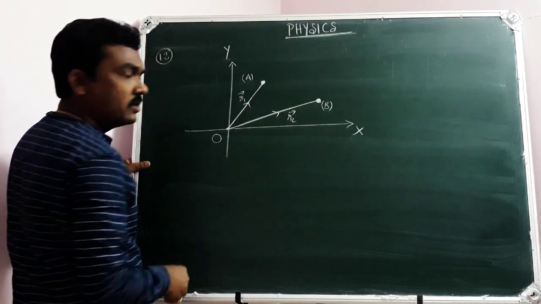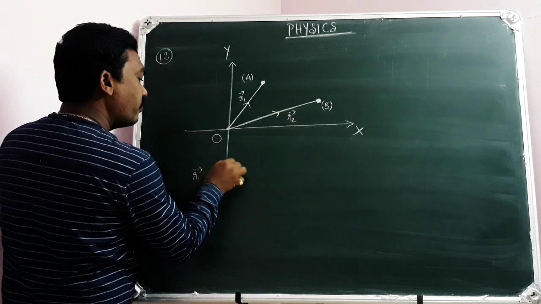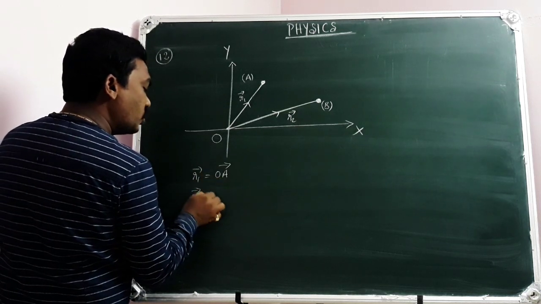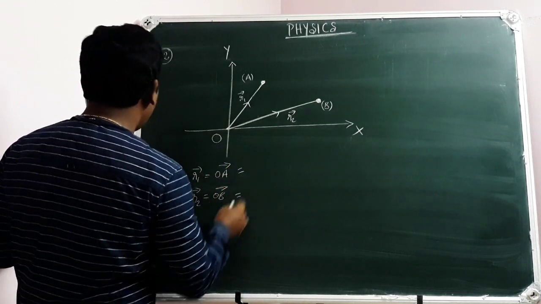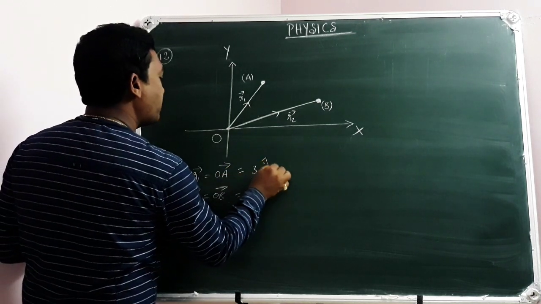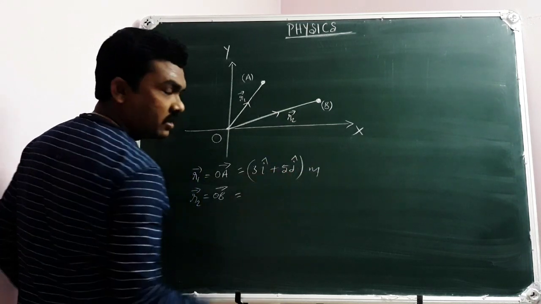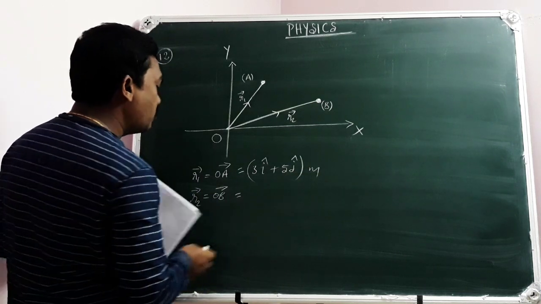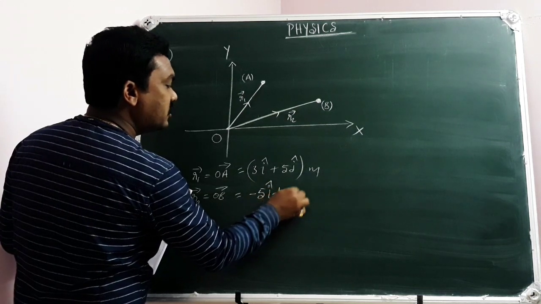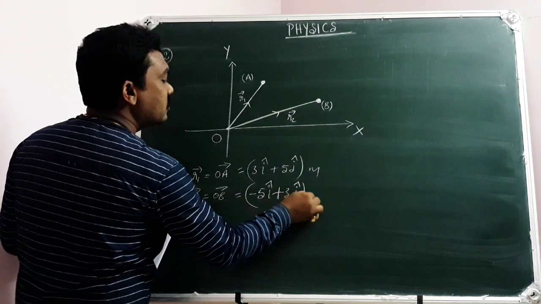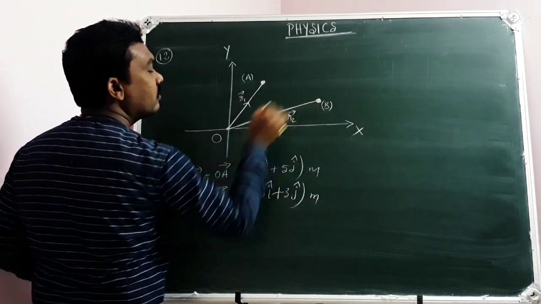See here, r1 bar is nothing but OA bar, r2 bar is nothing but OB bar, which is given in your data. r1 bar equal to 3 i cap plus 5 j cap meters, because position from O to A, that's why in terms of meters. r2 bar is minus 5 i cap plus 3 j cap meters. So these are the position vectors of 2 different particles.